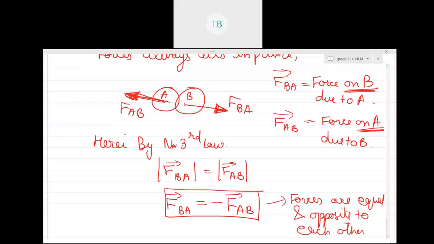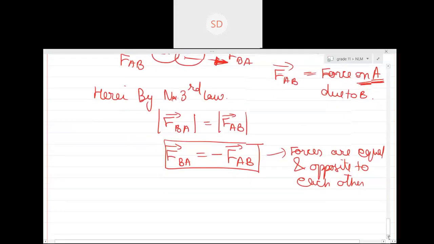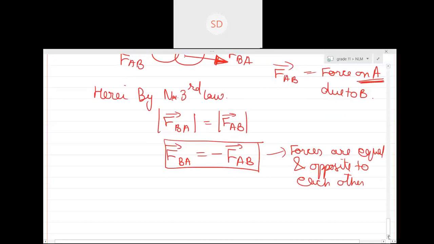That's done. I'll give you another example. Suppose there is a wall and there is this kid who is trying to push the wall.